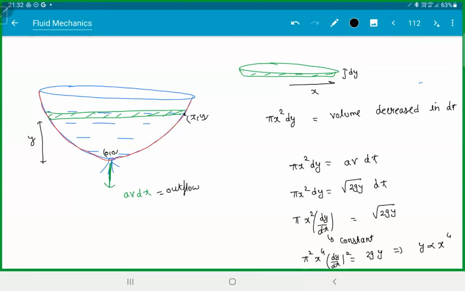It won't be a constant, right? That A will be pi x square, so x will come inside as well. Then what will the formula become? Root over 1 minus A by pi x square whole square will come back. It will be a pretty messed up result actually. X power 4 will not come, you get something else.